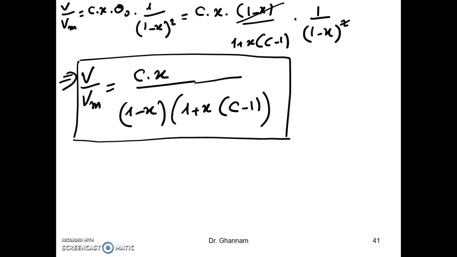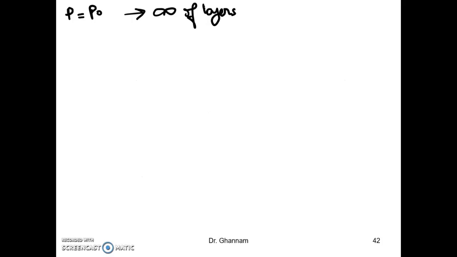If we look at our coverage, V over Vm, which depends on C and x, to have infinity of layers means V over Vm tends to infinity. For V over Vm to be infinite, x must be equal to 1. So if x equals 1, 1 minus x equals 0, and thus V over Vm tends to infinity, and we have infinity of layers. So we want to use this assumption.